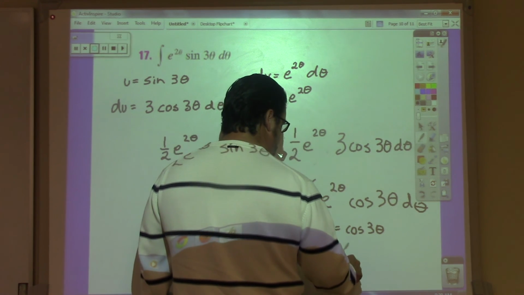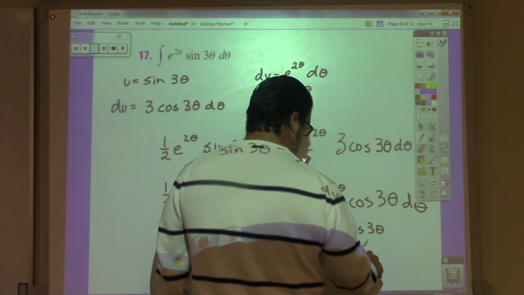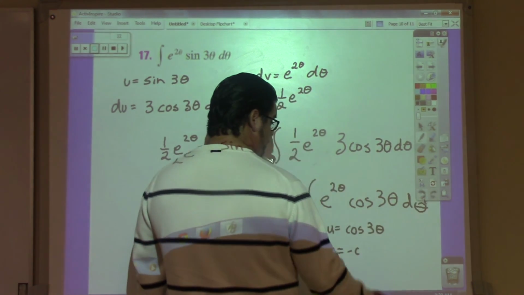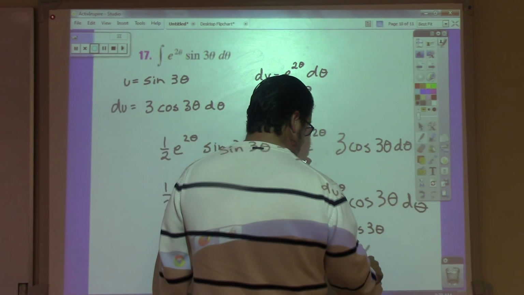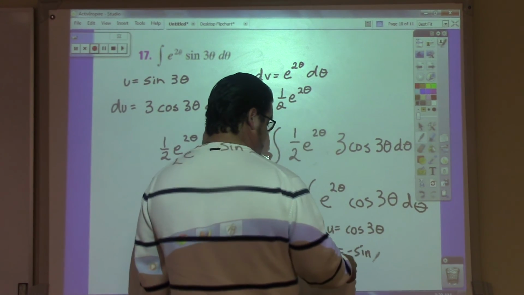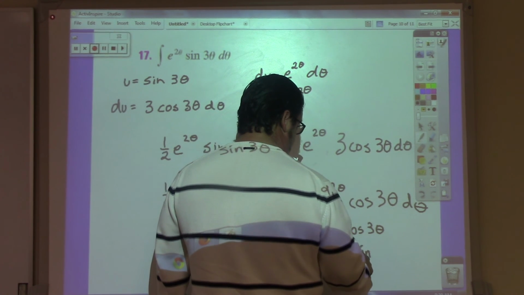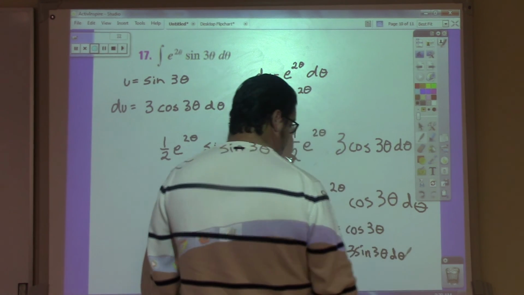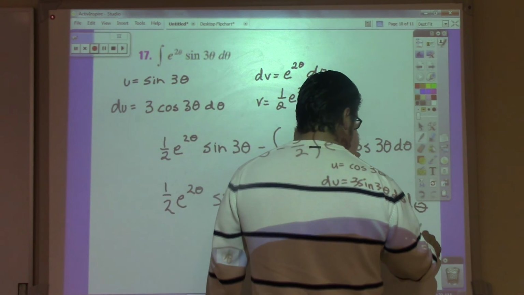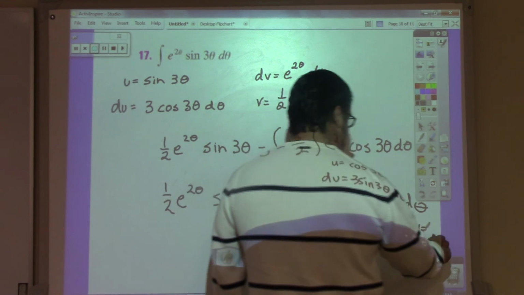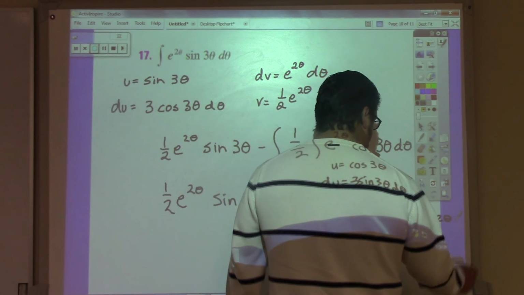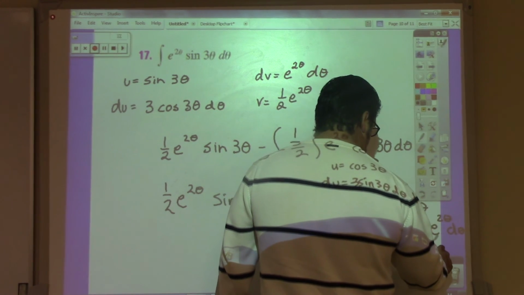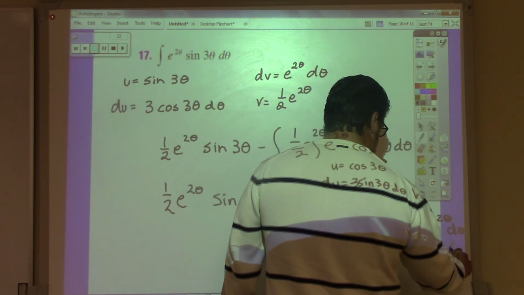The derivative of cosine is negative sine, so negative 3 sine of 3 theta d theta. dv is equal to e to the 2 theta, so v is equal to 1/2 e to the 2 theta.